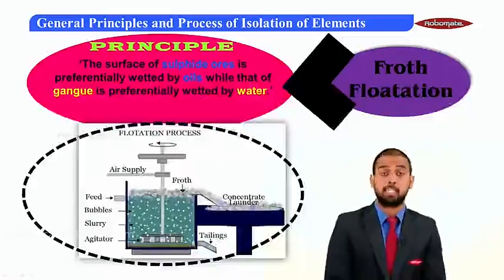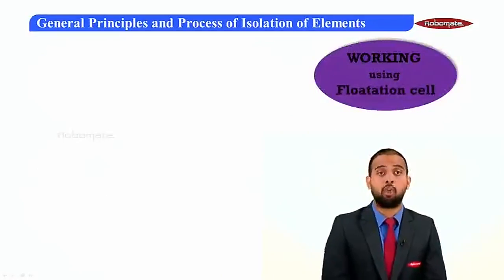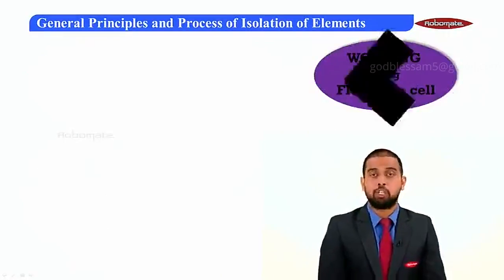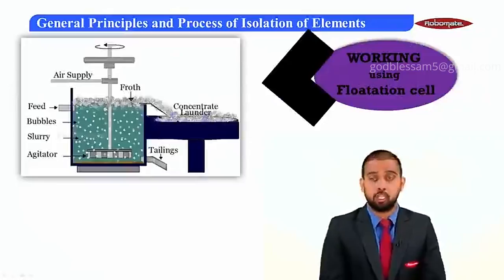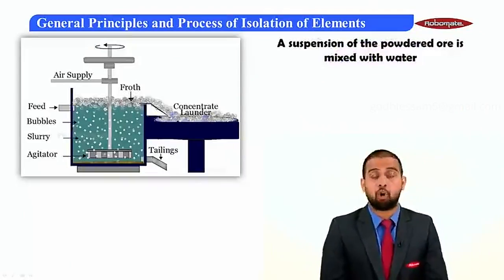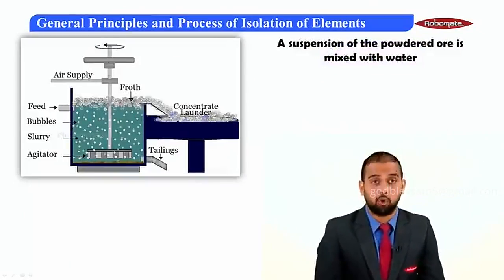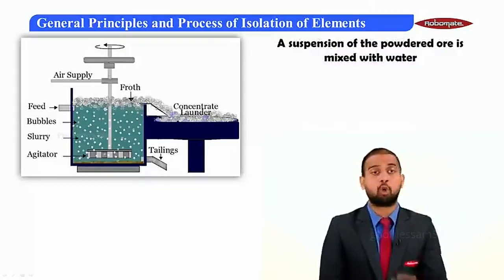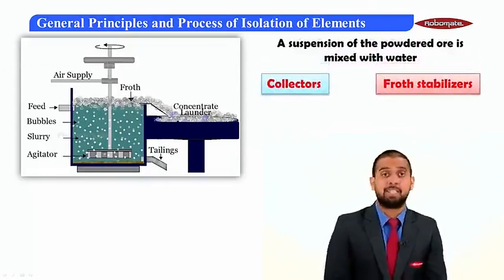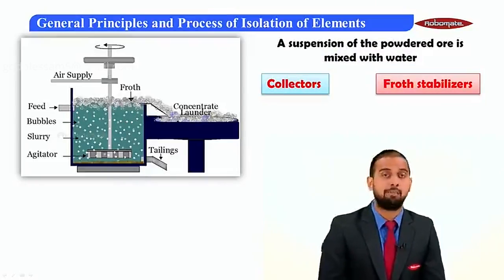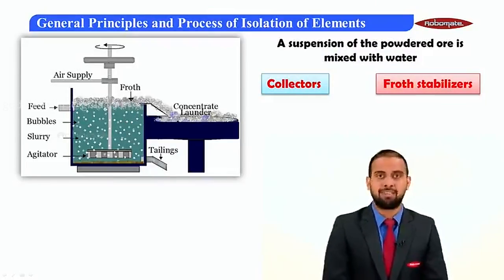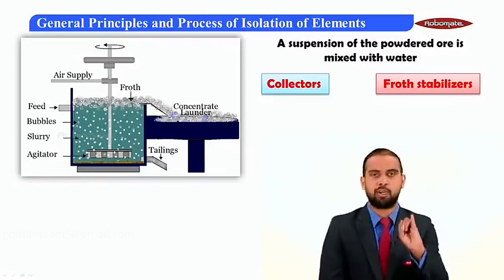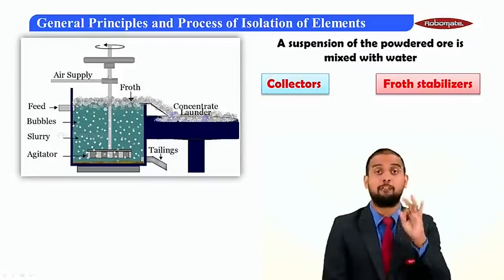Now the next thing is we need to see the working of the flotation cell. The very first thing that we need to do is take the pulverized sulfide ore and add water to it. Along with water, there are two other components that we need to add: collectors and froth stabilizers. Sometimes they might use the word collector, sometimes frothing agent, or foaming agent.